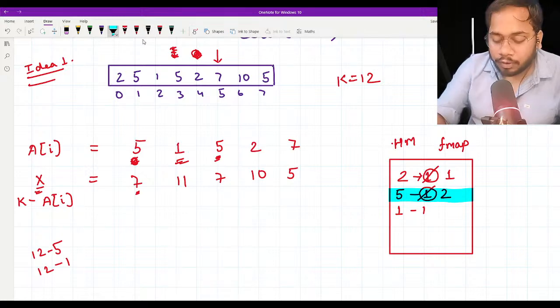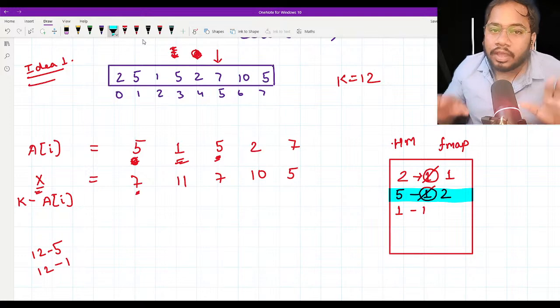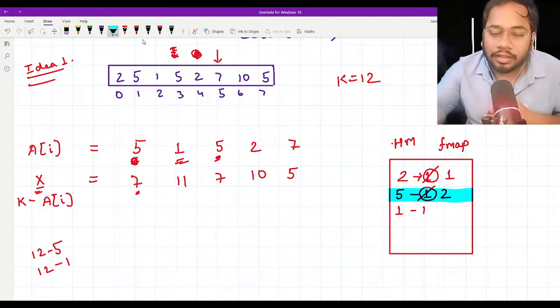So what were we doing in the problem? We were checking how many times a of I and a of j sum up to k.